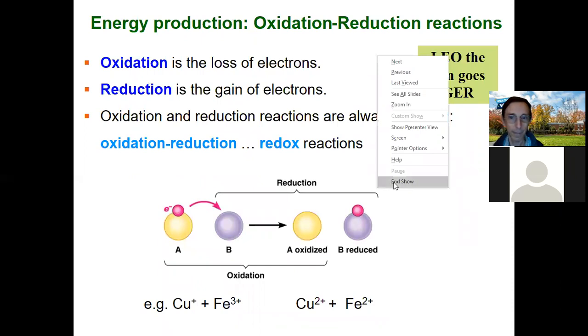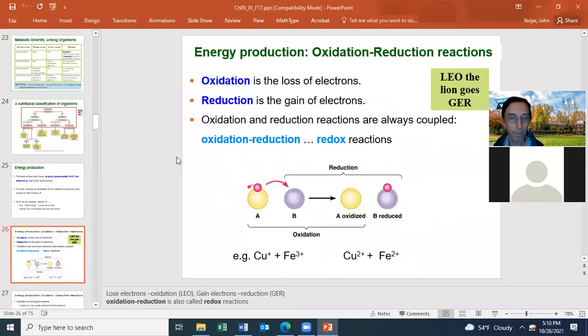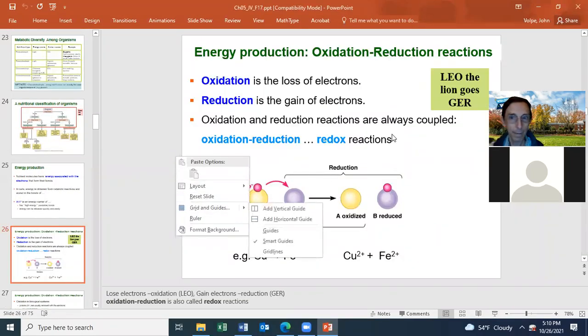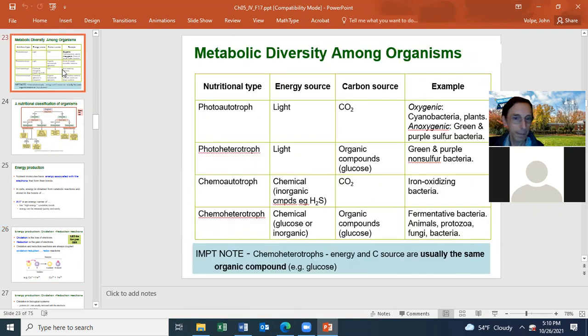Nope, I don't. I removed it. If they get their electrons from an organic chemical molecule like glucose, they're the normal chemoheterotrophs. I'm trying to remember the name of those.